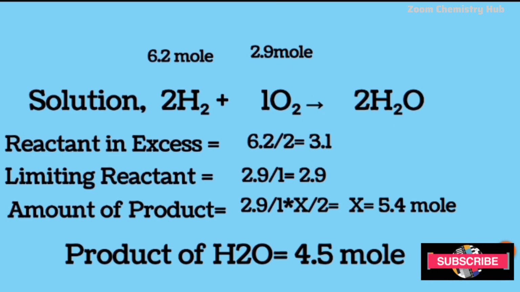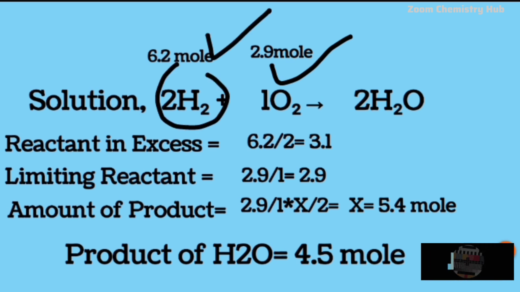Now after knowing the limiting reactant, that is oxygen, and the excess reactant, that is the hydrogen, we calculate the amount of product. The amount of product is calculated as follows.